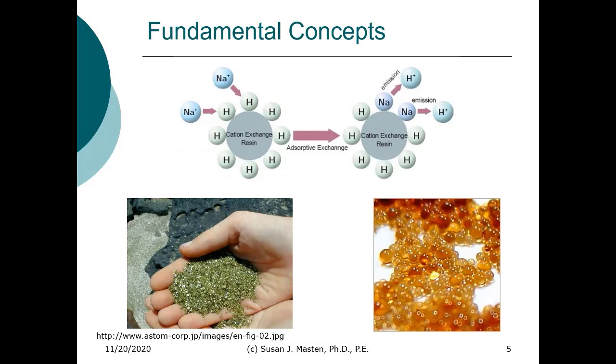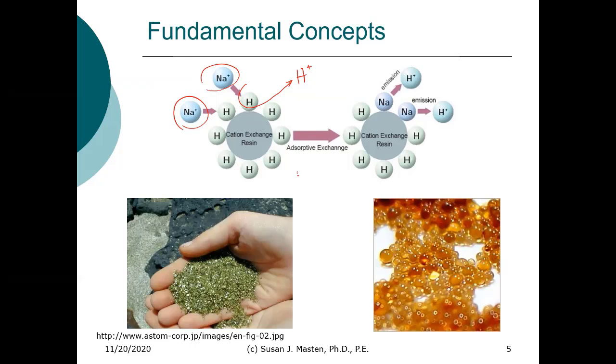In terms of removal, ion exchange is what we call an exchange process, and you can see it here. So what we have is sodium ions, and those ions will replace a H plus, so that H plus is released and the sodium is adsorbed.